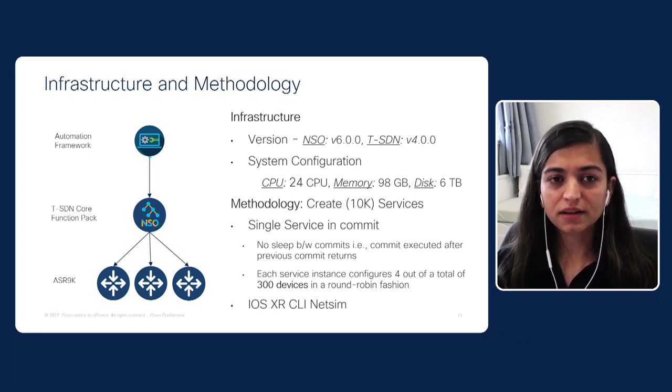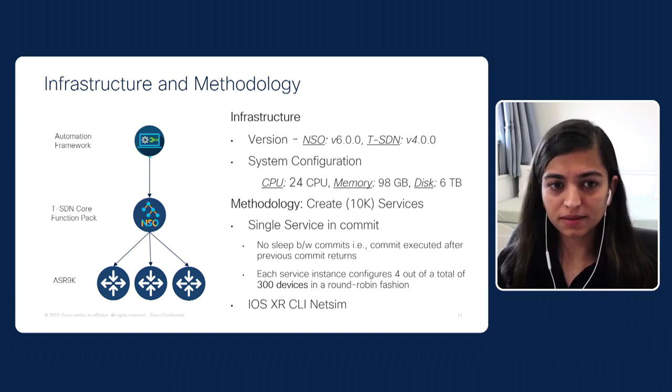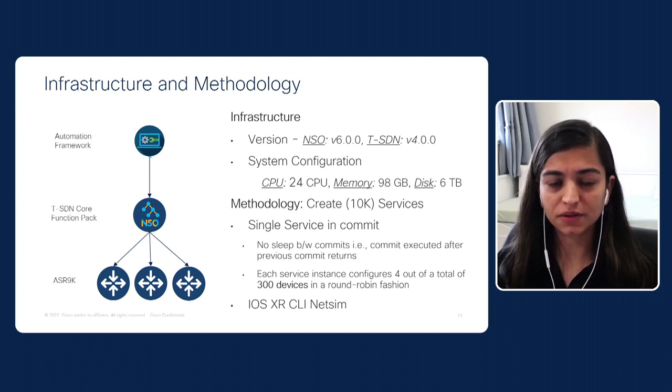In terms of infrastructure, again, we are testing with NSO 6.0, the latest release of T-SDN, which is 4.0, and standard system configurations for scale environment. In terms of methodology, again, we are trying to create 10K services committed one after the other, with a single service per commit. There's no sleep between the commits. So as soon as the first commit returns, the next service is committed.